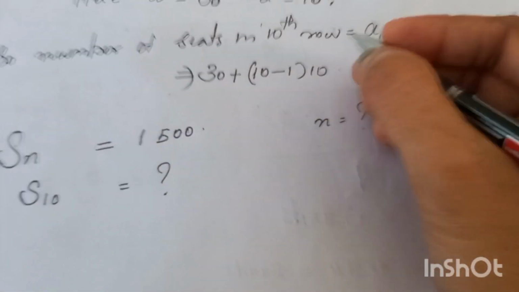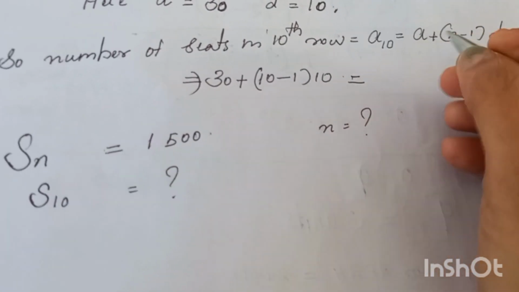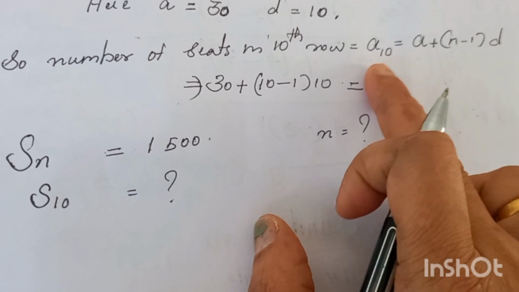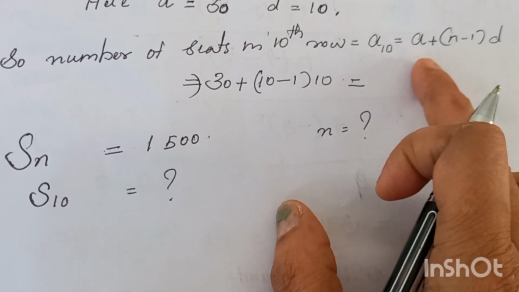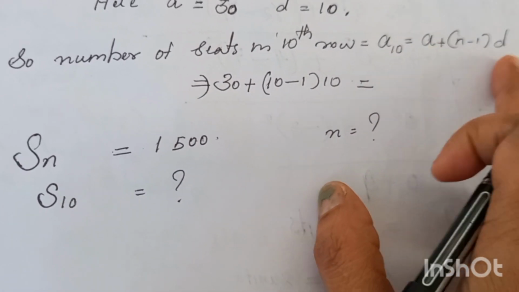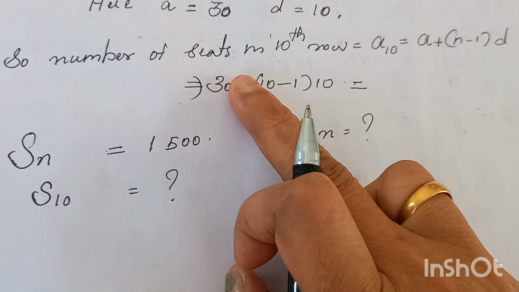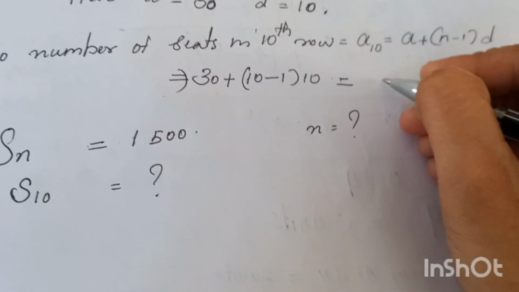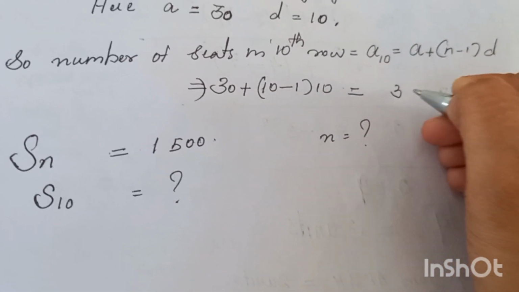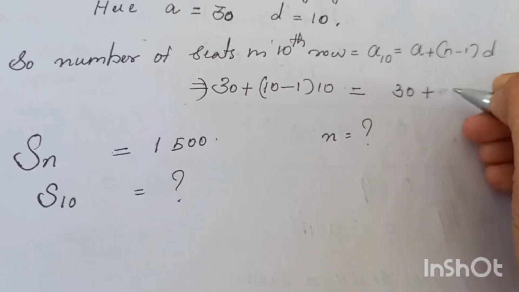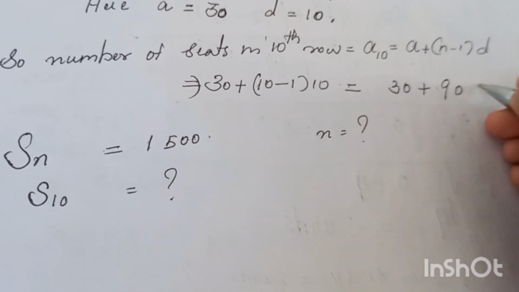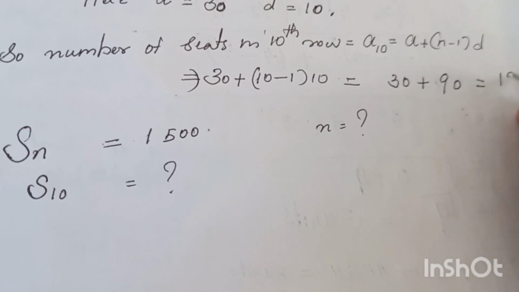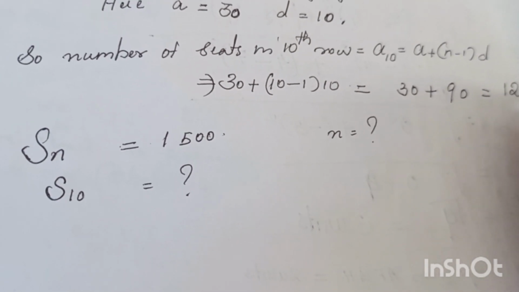The general formula is a plus n minus 1 into d, and a10 we are going to find. So 30 plus 9d, that is 30 plus 90. So we get 120, isn't it?